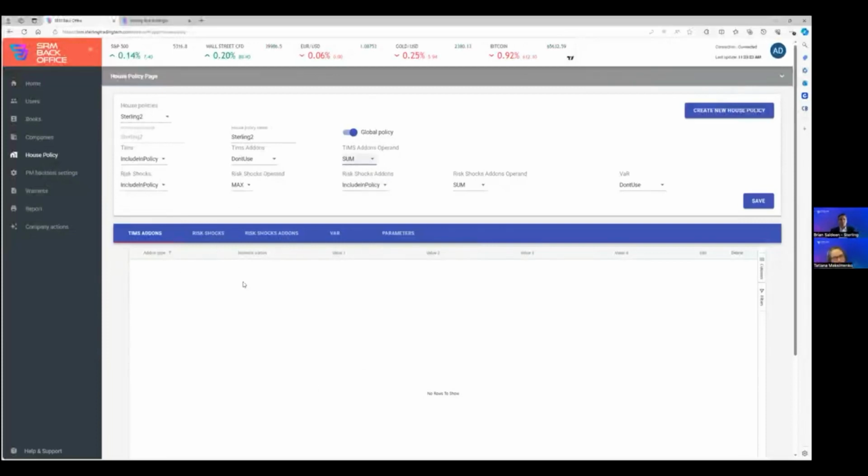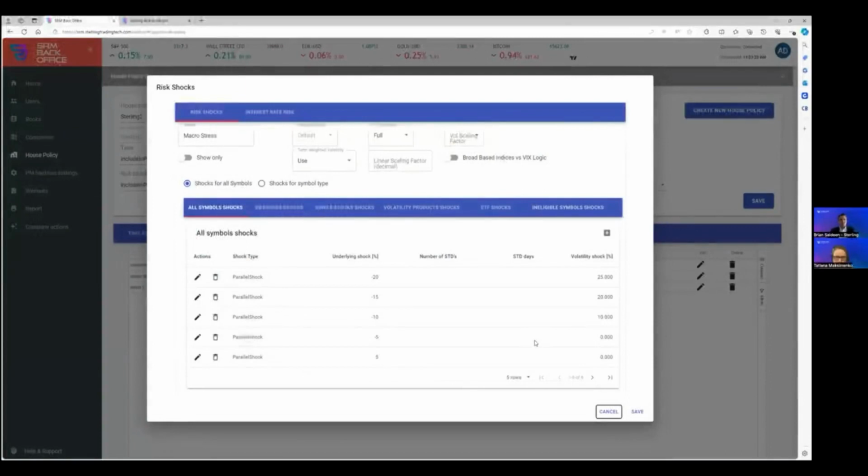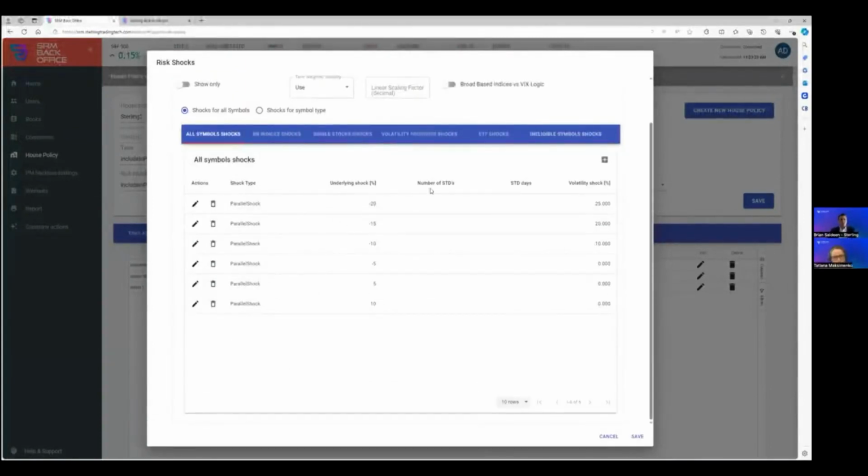So in this very simple house policy, we added 3 risk shocks. They're shown here. One is a macro stress. If we open to edit, we see that we have 6 different risk shocks here. They're all parallel. So what the system will do, it will run each one of these shocks on each account.